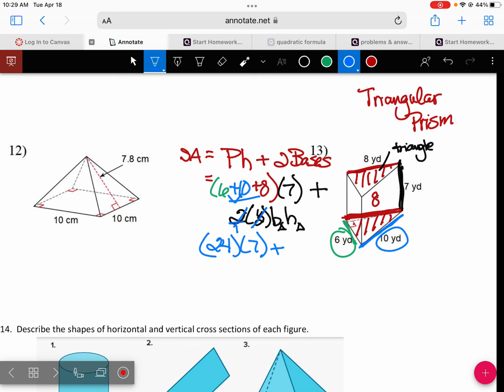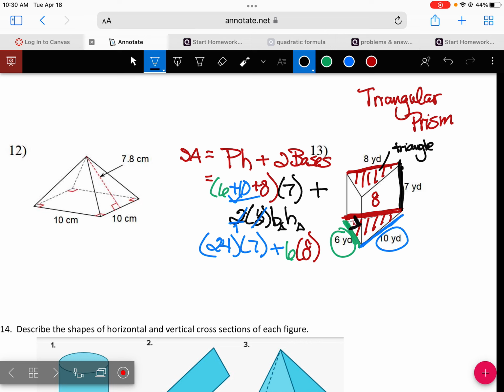What is the base of the triangle? I would say the base is 6 and the height is 8, but you could switch those, as long as they are perpendicular.